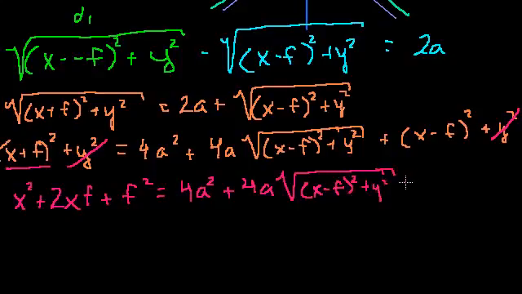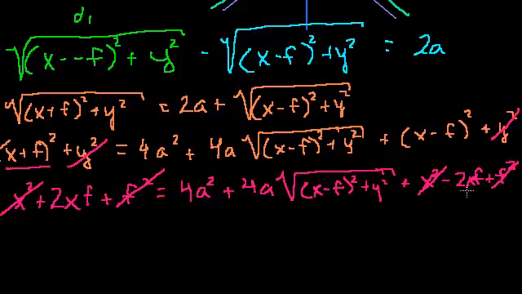And then multiply this out: plus x² − 2xf + f². And then let's see, what can we cancel out? Well, we have an x² on both sides of this. We subtract x² from both sides of the equation. We have an f² on both sides of the equation, so let's cancel that out.